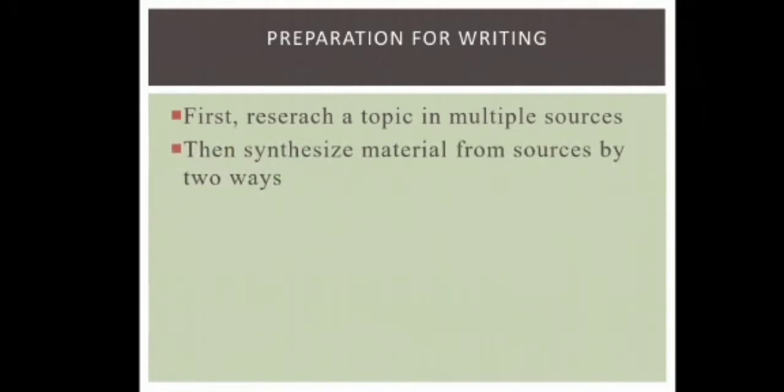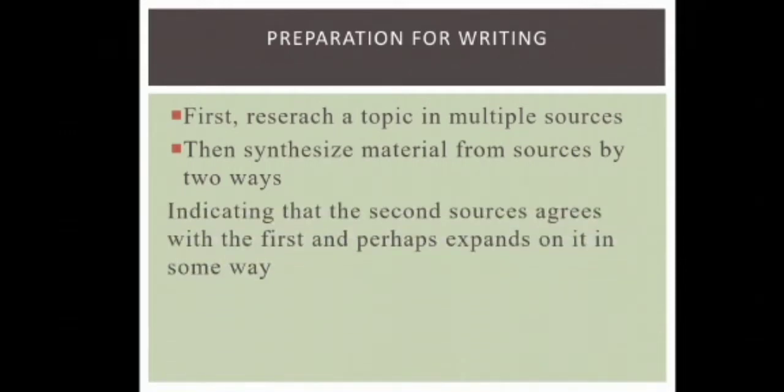The second, synthesize material from sources in two ways. The first is indicating that the second source agrees with the first and perhaps expands on it in some way, and the second is indicating that the two sources disagree, with or without judging which one is right.